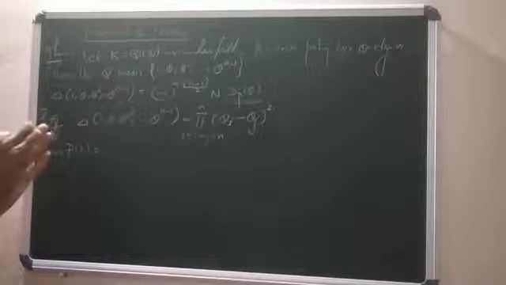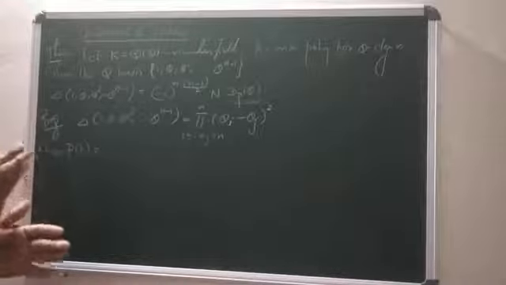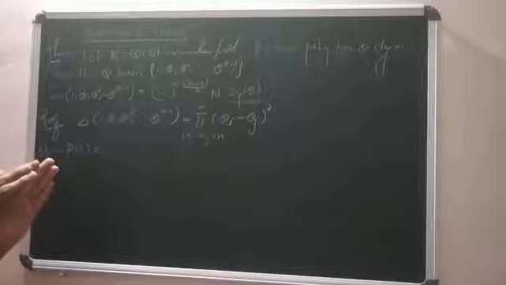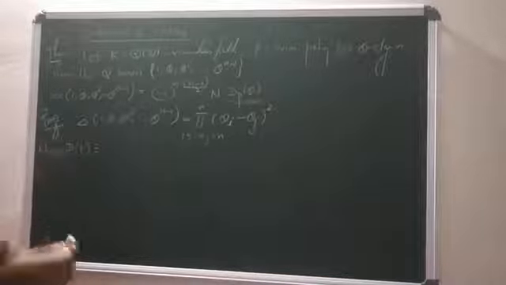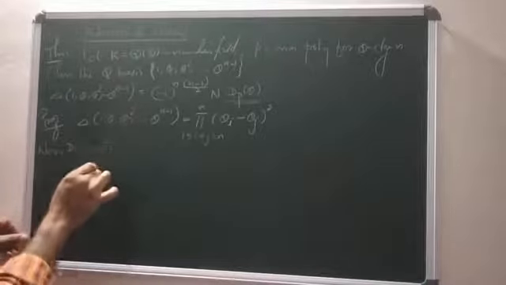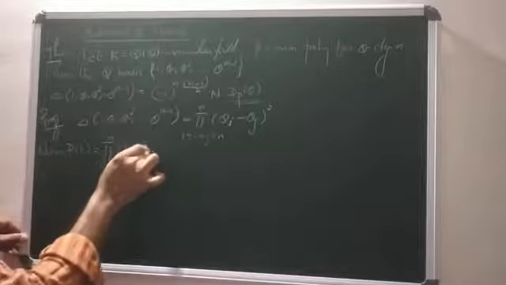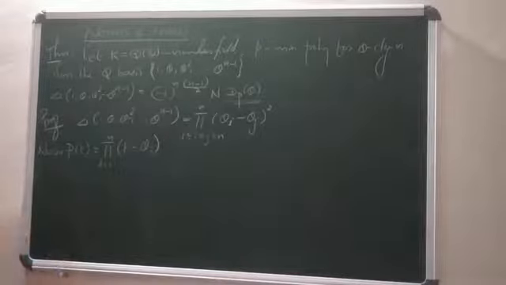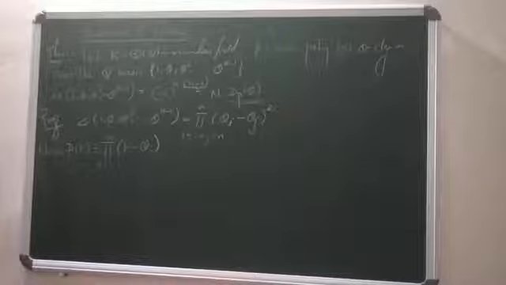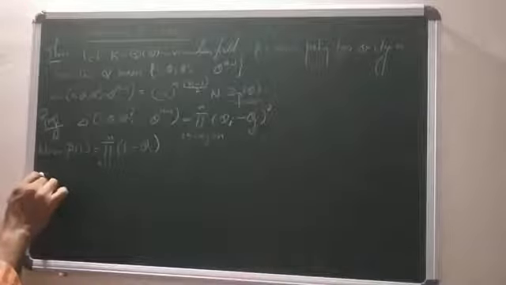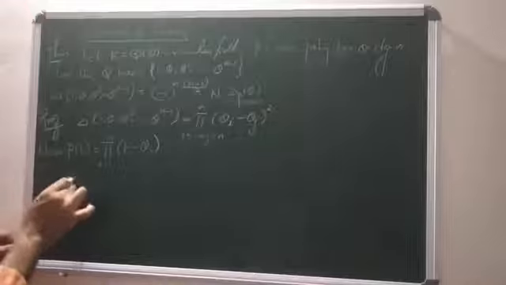But P is the minimal polynomial for theta of degree n, and theta 1, theta 2, etc., theta n are conjugates of theta, so P of t is nothing but the product, i ranges from 1 to n, of t minus theta i. Why? Because P is the minimal polynomial for theta of degree n, and theta 1, theta 2, etc., theta n are the conjugates of theta. Hence P of t can be described as the product, i ranges from 1 to n, of t minus theta i. So what about its derivative dP of t?